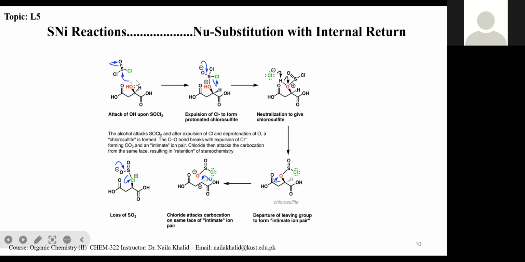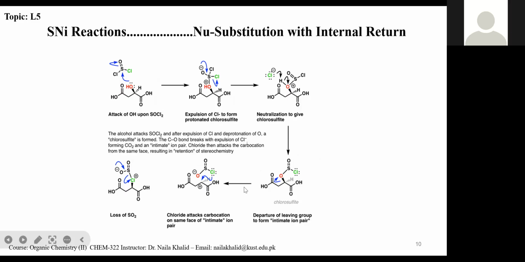If it is treated with thionyl chloride, then this type of attack takes place, and then chloride is removed, and that chloride will abstract this hydrogen, electron density comes here.